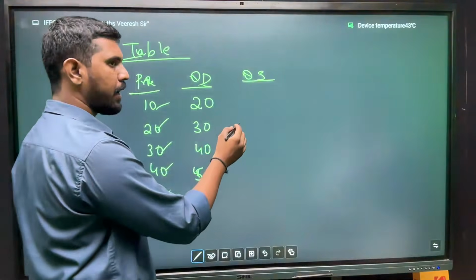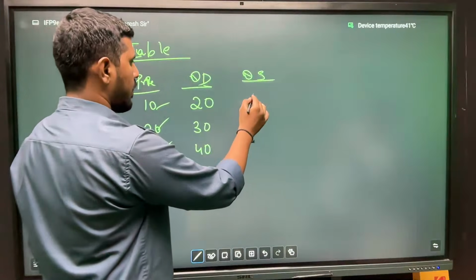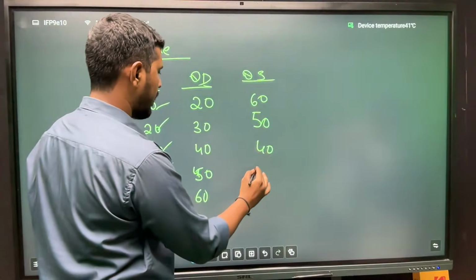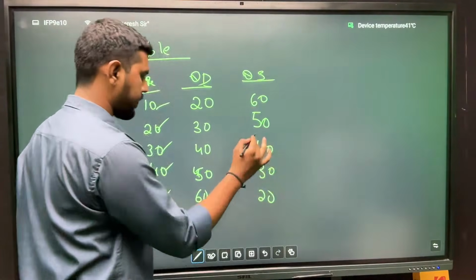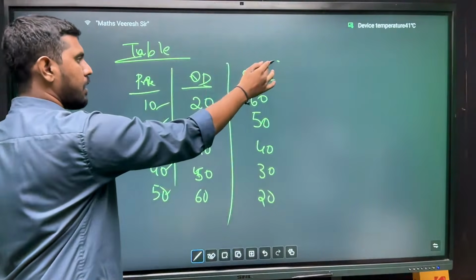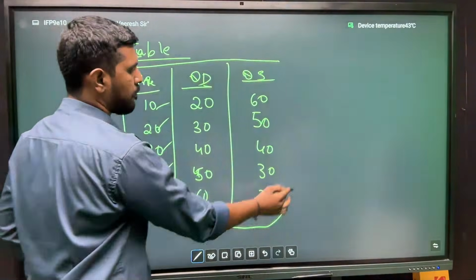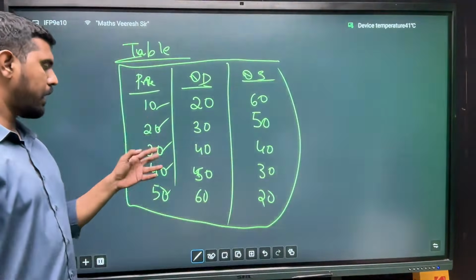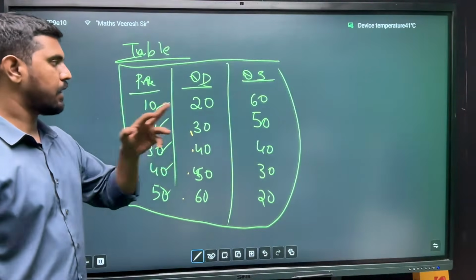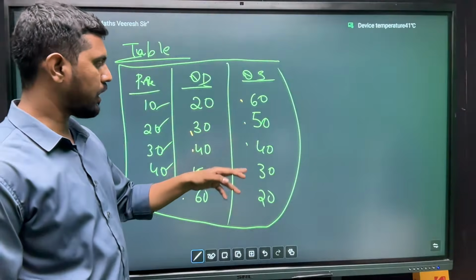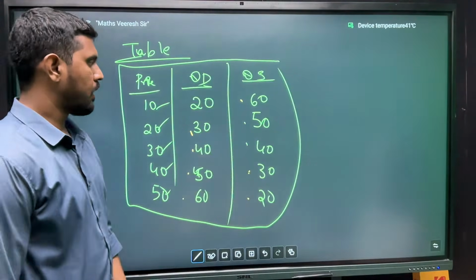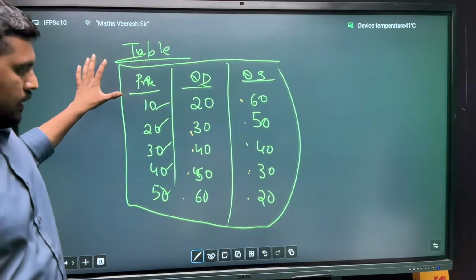And quantity supply 60, 50, 40, 30, and 20. This is the table of the price determination of perfect competition. Right? So this is the table.